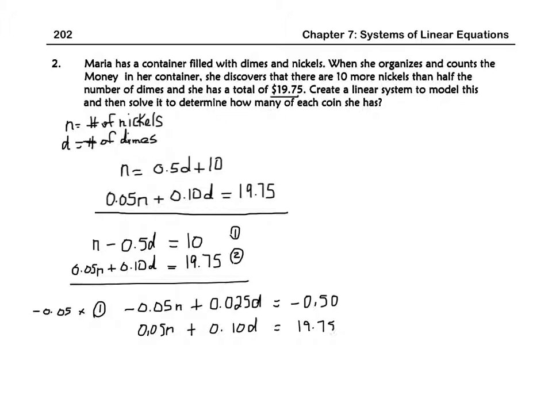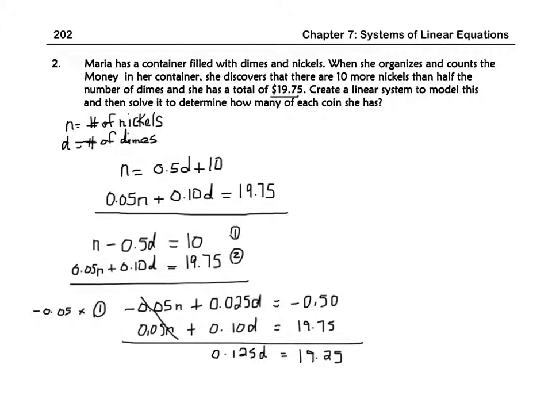And then now that we have opposite coefficients in front of the n, we can go ahead and add the two lines. The negative 0.05n and the positive 0.05n are going to cancel each other out. And then I'm going to be left with 0.125d equals negative 0.50 plus 1975, which is basically the same as saying 1975 take off 50 cents, which is 1925.